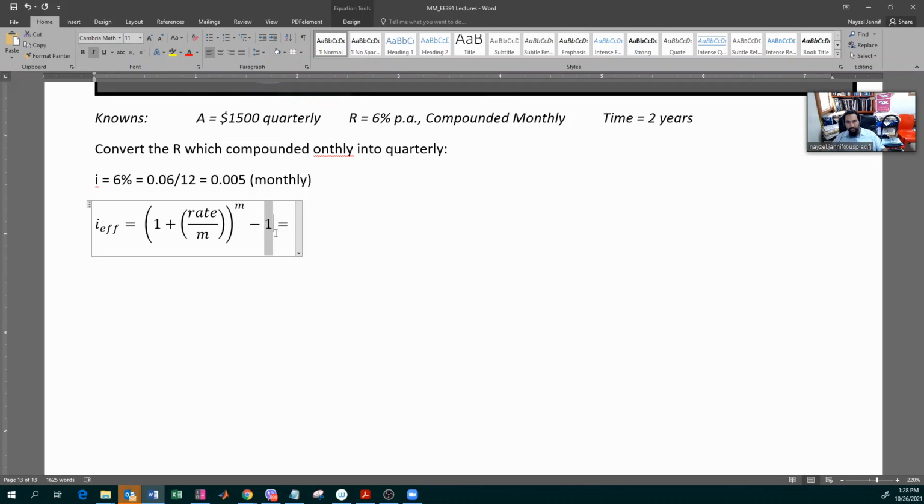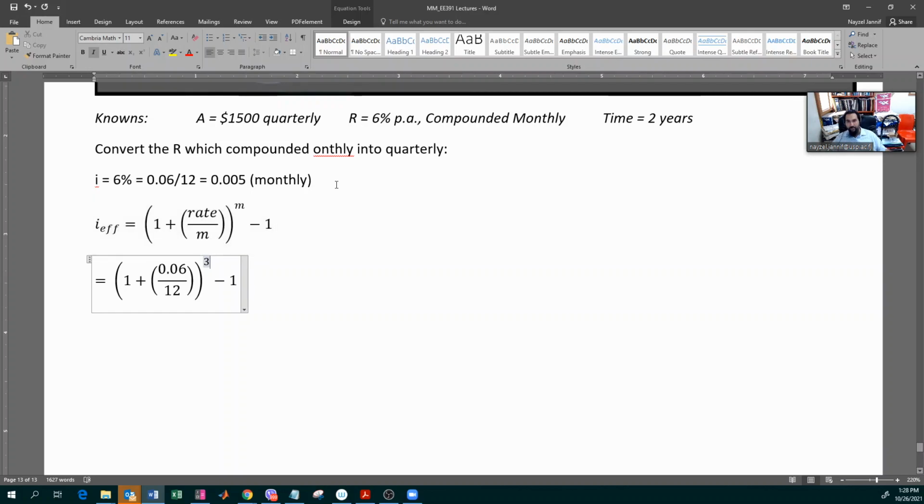Our rate was 0.06 and our M is 12, and this here will be 3.